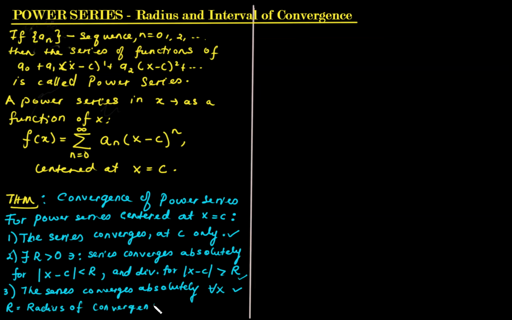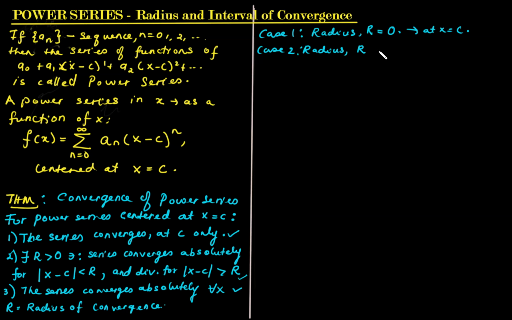So in this case, we need to know what the radius of convergence is. For case 1, where the series converges only at c, the radius R equals 0, since it converges at x equals c, just one point. For case 2, where there exists a real number R greater than 0 where it converges absolutely, the radius of convergence is going to be R. You've got to figure that out.